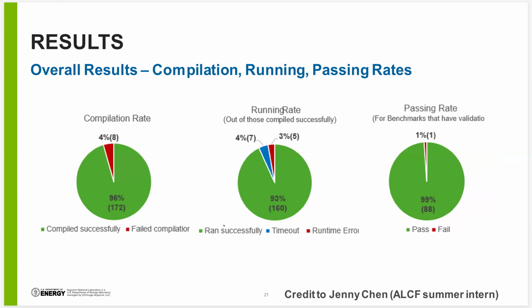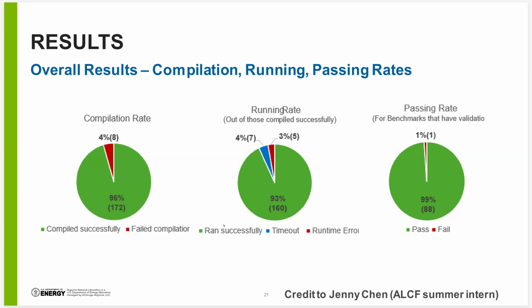So this is the overall results from the previous graph, from the compilation. The errors during runtime are either timeouts or runtime errors. Timeouts are usually hangs on the GPU. They can also be in the runtime, but they are less likely.